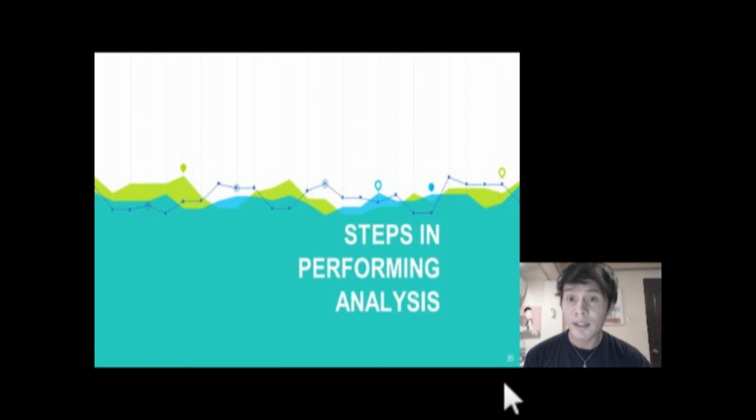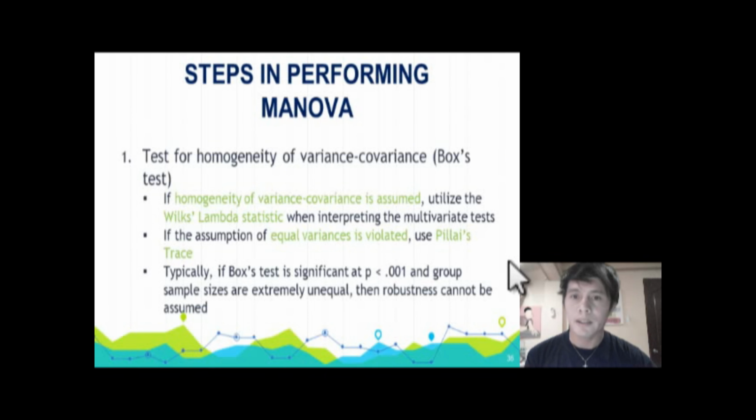So moving forward, let's do the steps in performing analysis. Number 1, test for homogeneity of variance-covariance, that is our Box's test. If homogeneity of variance-covariance is assumed, utilize the Wilks' lambda statistic when interpreting the multivariate test.